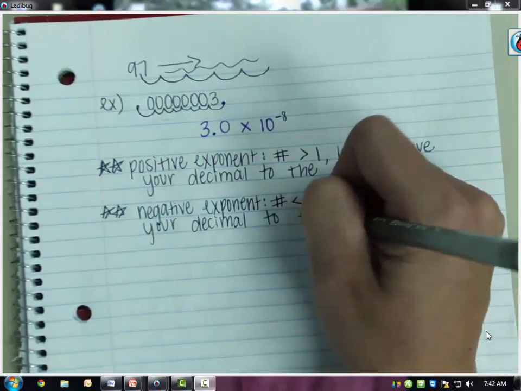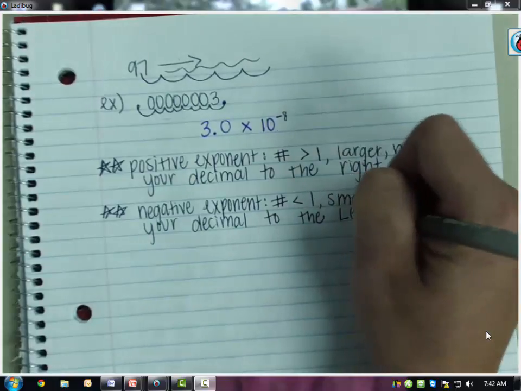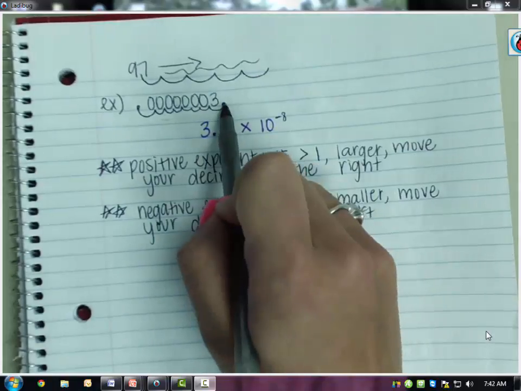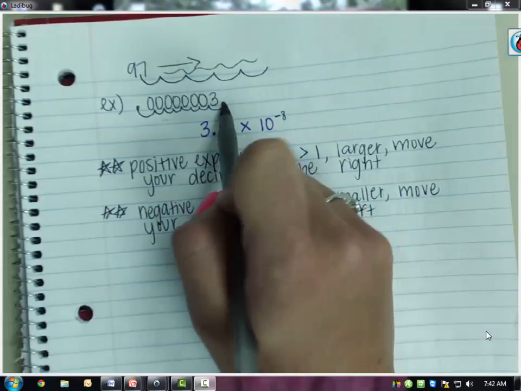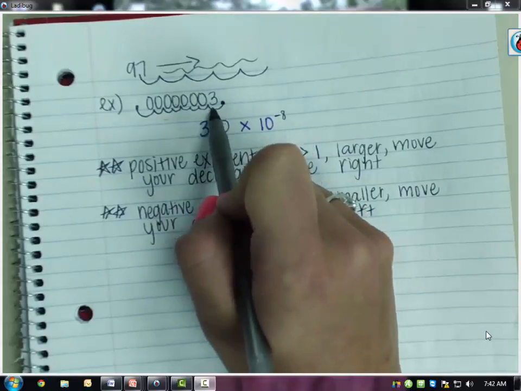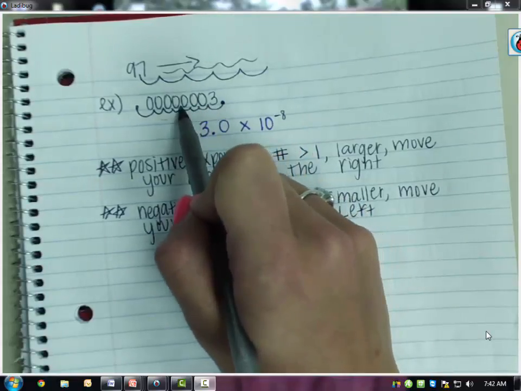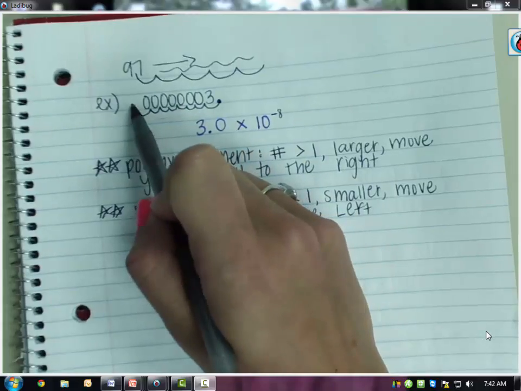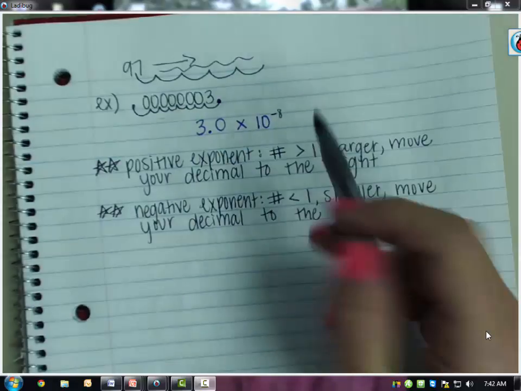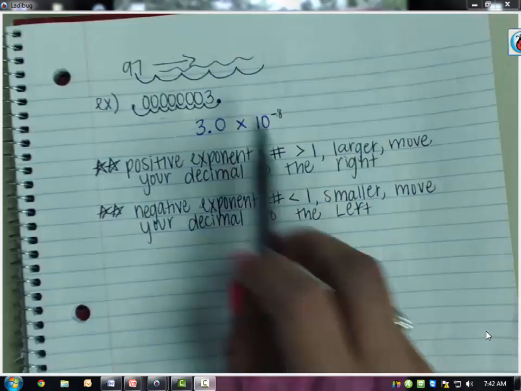So we started with our decimal here, and I counted the wrong way, but you started with your decimal here, and you're going to move to your left. 1, 2, 3, 4, 5, 6, 7, 8. Okay, so that's why we have a negative 8, because our original number right here is smaller than 1.